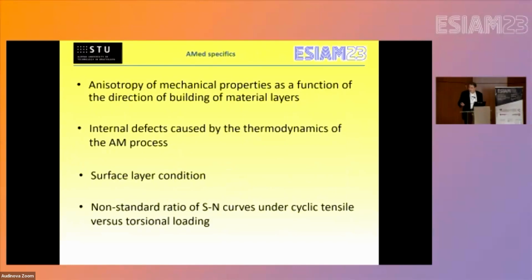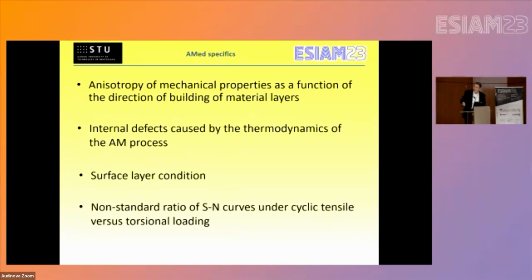It's possible to summarize the specifics of additive manufacturing materials from the point of view of fatigue life and cyclic properties. There are 20 parameters when you set the printer to obtain this specimen, but these four are significant for fatigue lifetime and for cyclic properties.